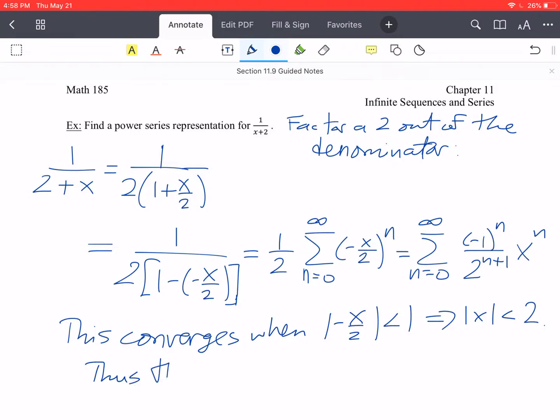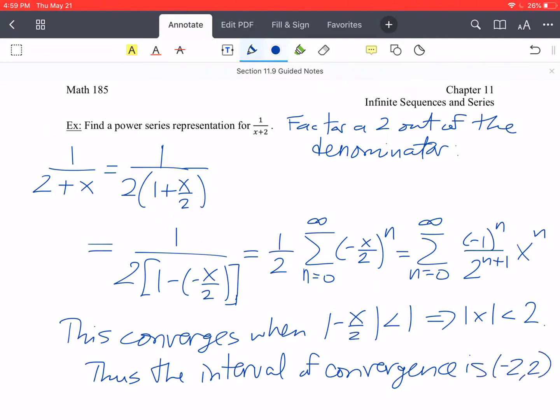Thus, the interval of convergence, which it didn't ask for in this case, but might as well get the practice of finding it. That is negative 2 to 2. Alright, so there we go. So again, let's try another one.